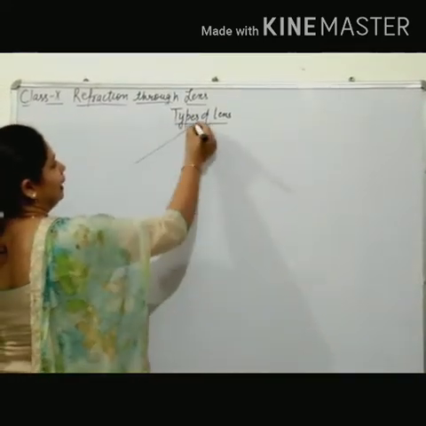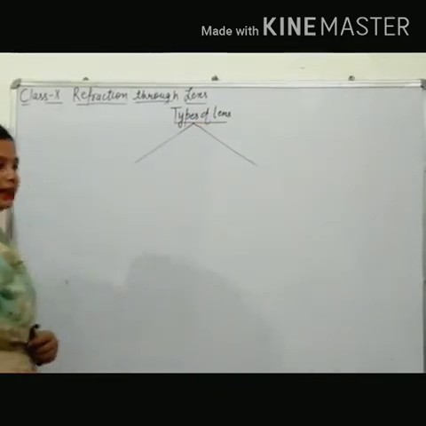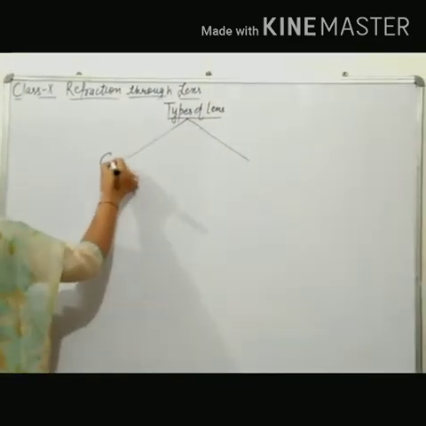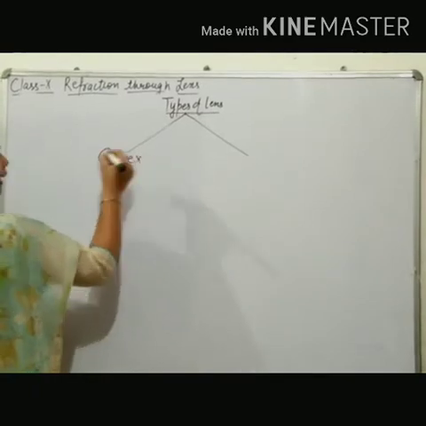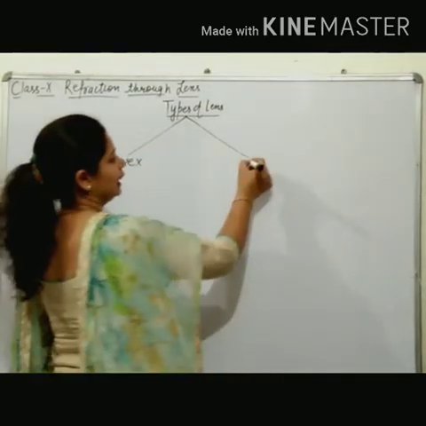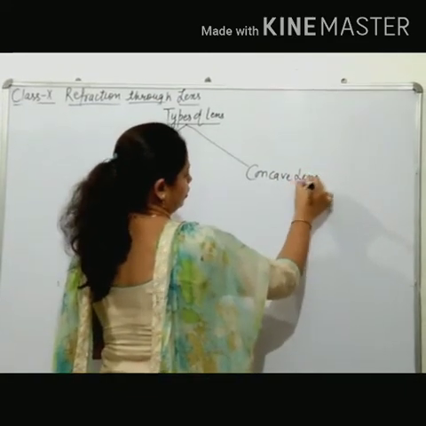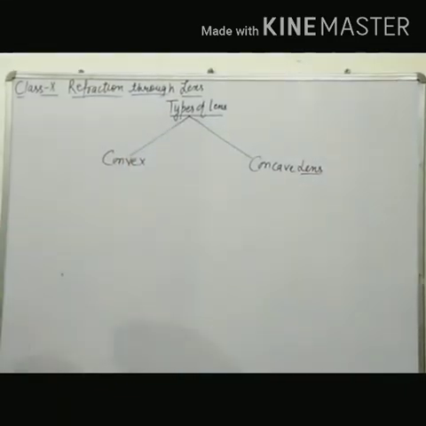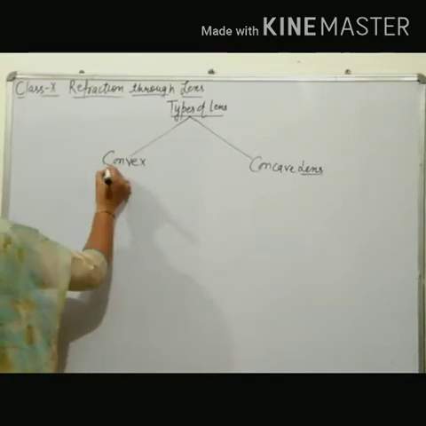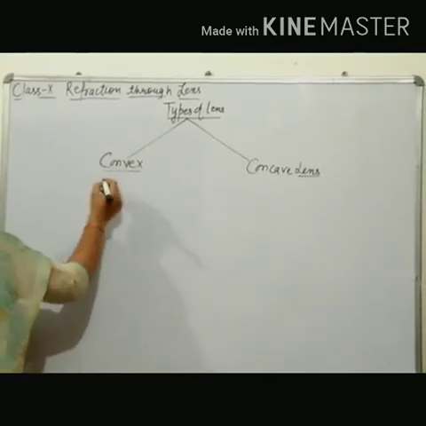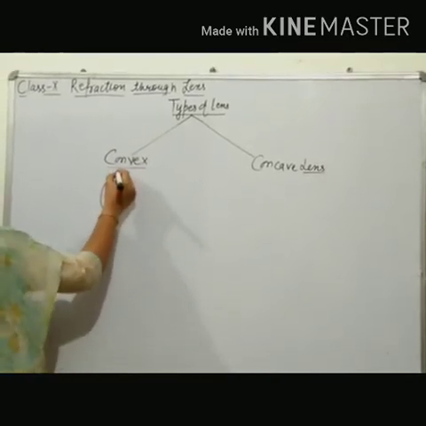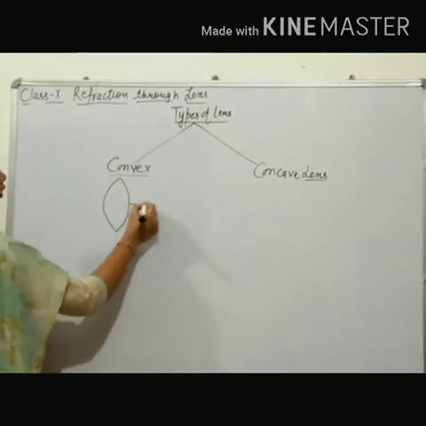There are mainly two types of lens. First is convex lens and the second one is concave lens. So what is convex lens? It is a lens which is having a bulge in the middle.